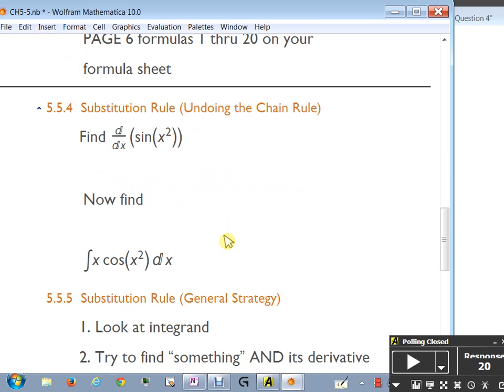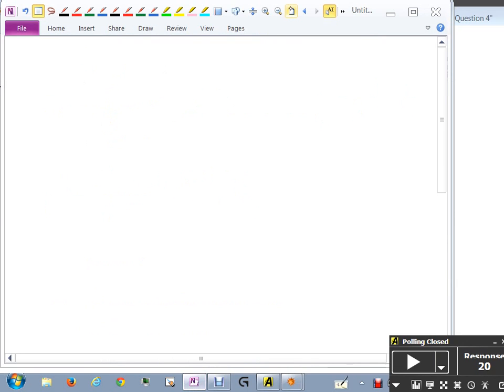All right, so this substitution technique that we're about to go through is what we use to try and undo the chain rule. So let's take a look at this example right here, and hopefully you'll see how undoing the chain rule is going to require a little bit of work.